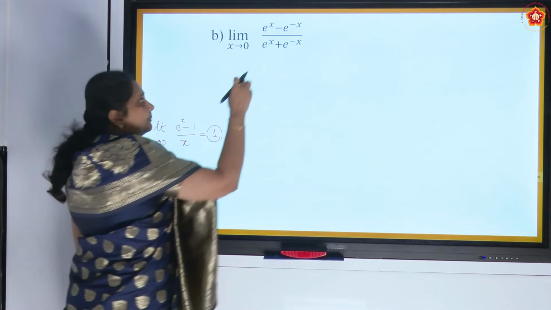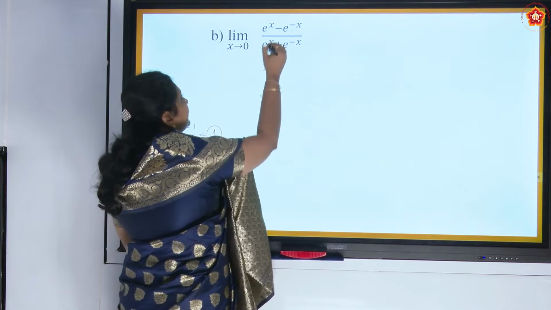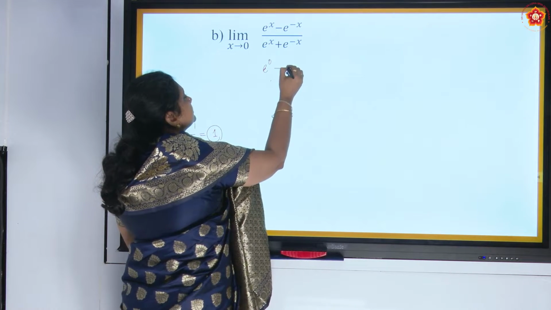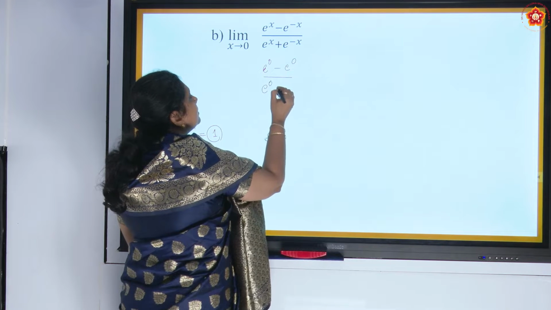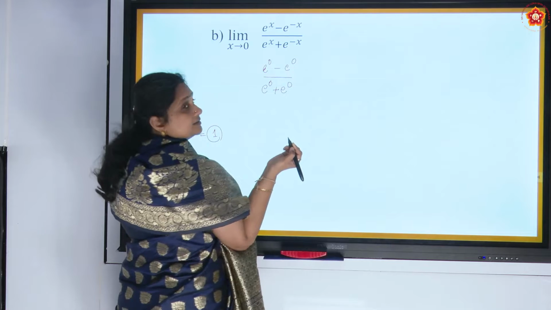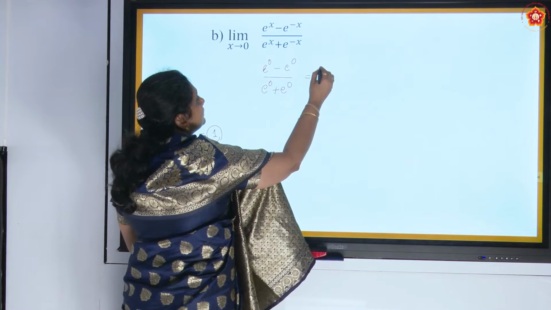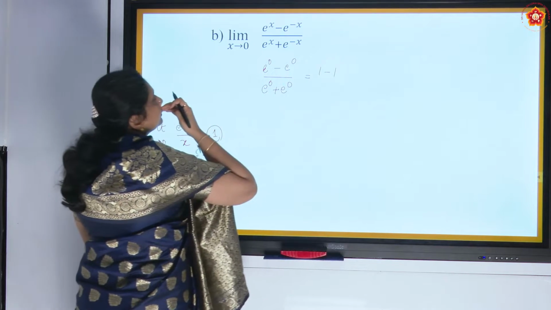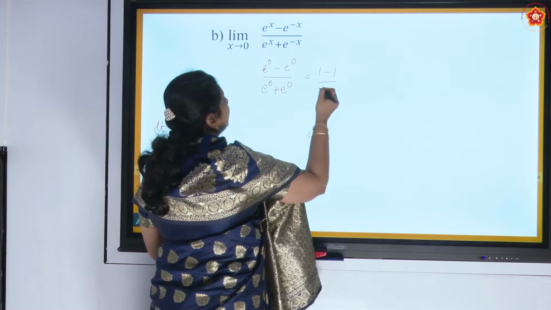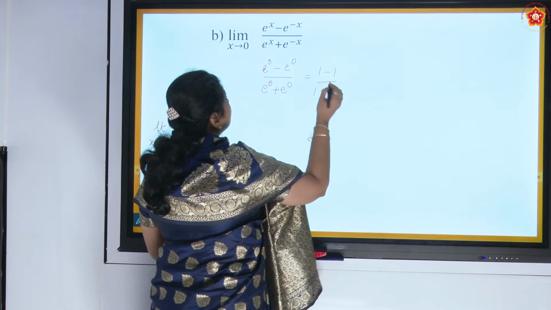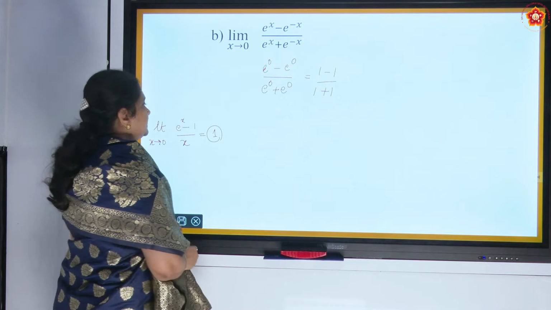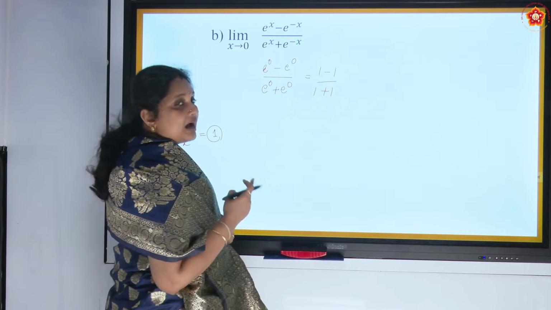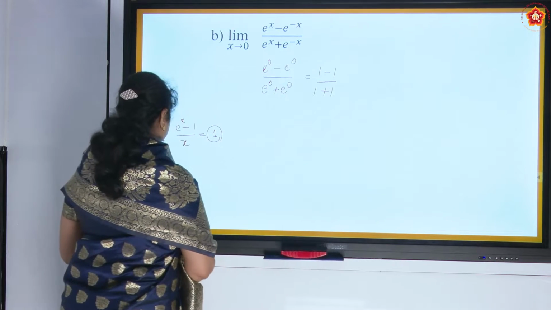Now, if I directly apply the limits here, I get e power 0 minus e power minus 0, that's again 0, by e power 0 plus e power minus 0, that's again 0. So, this is 1 minus 1 divided by 1 plus 1, and that's going to be a 0 here, right? But let's see what happens when we apply the limits, okay?